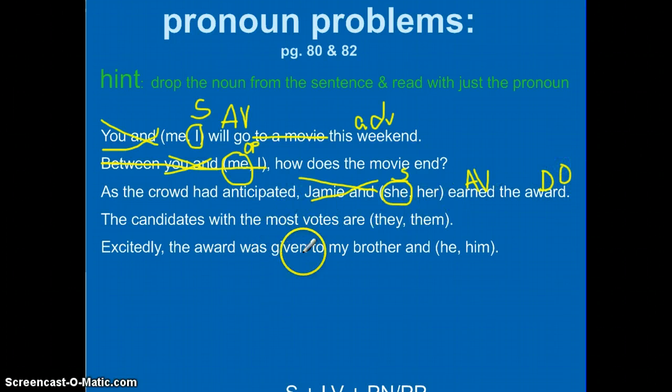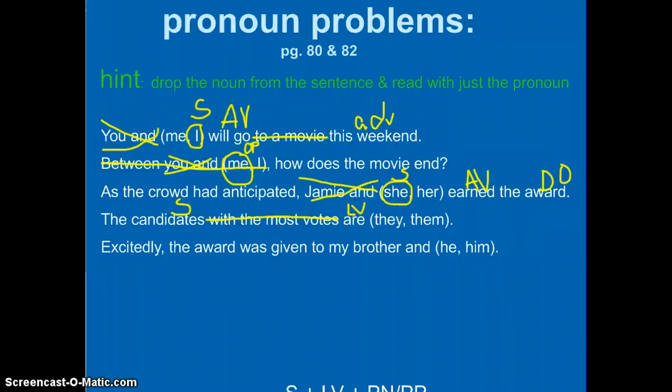The candidates with the most votes are them or they. Now here we don't have a compound, so we're just going to have to go through and diagram it. We're going to get rid of our prepositional phrase with the most votes. Candidates is the subject. Are is a linking verb. Now I need to go back and think what follows a linking verb, a predicate noun or a predicate adjective.